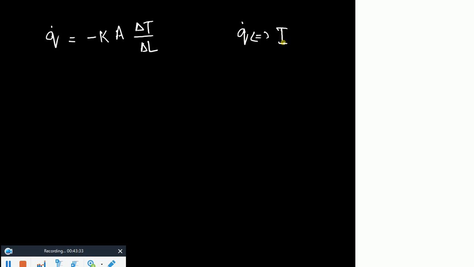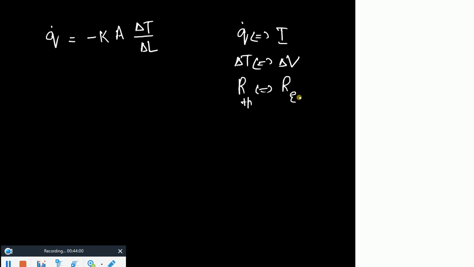Because one is heat transfer rate and the other one is charge transfer rate. Now delta T is responsible for driving the heat, delta V is responsible for driving the charges, and similarly the rest of the parameters would determine thermal, and let's say this is electrical.